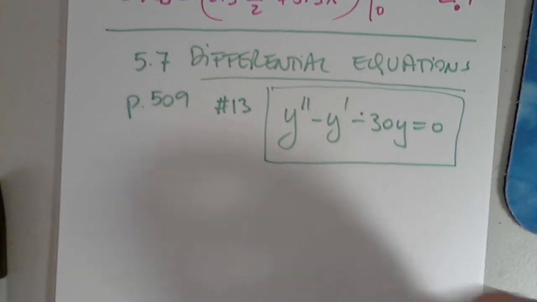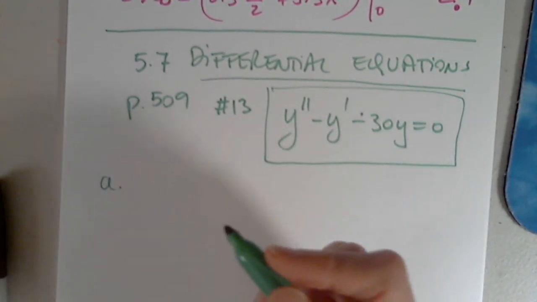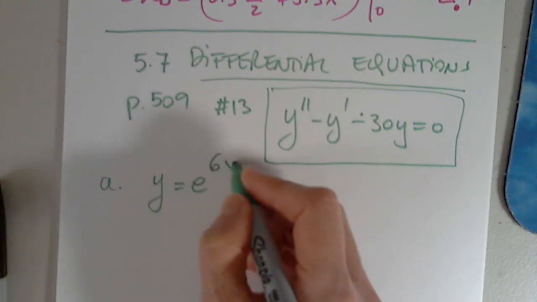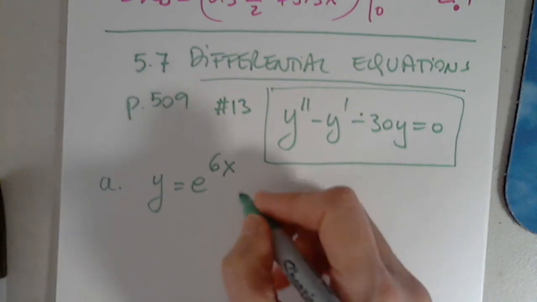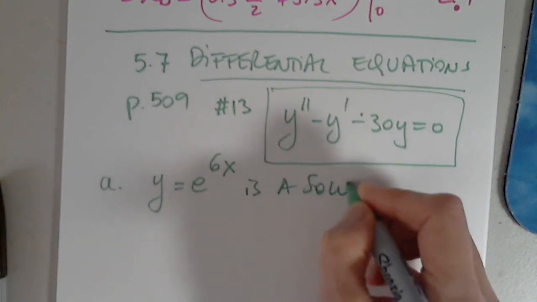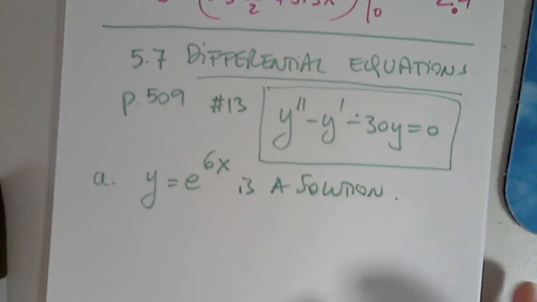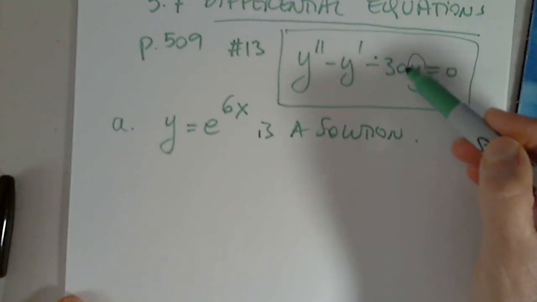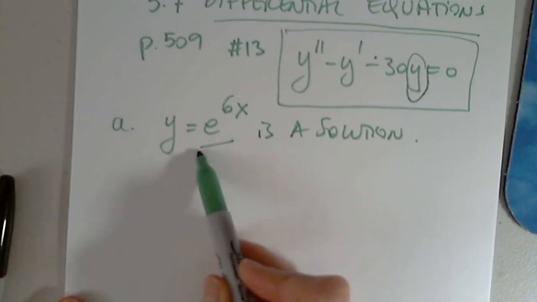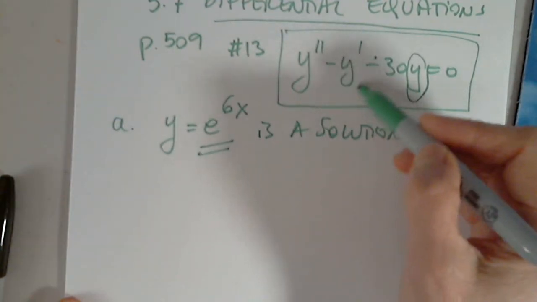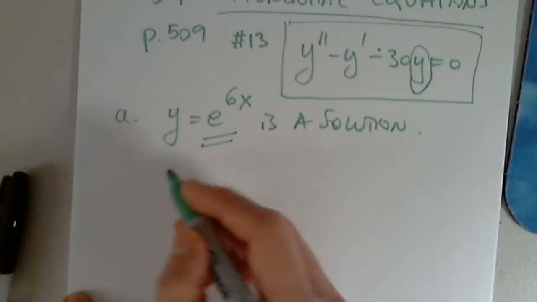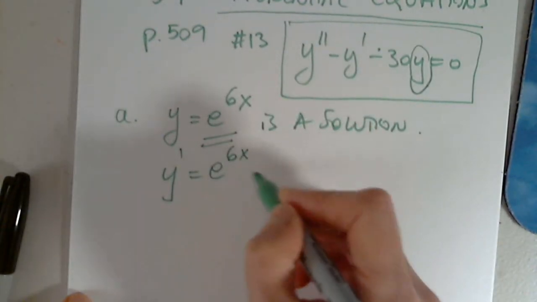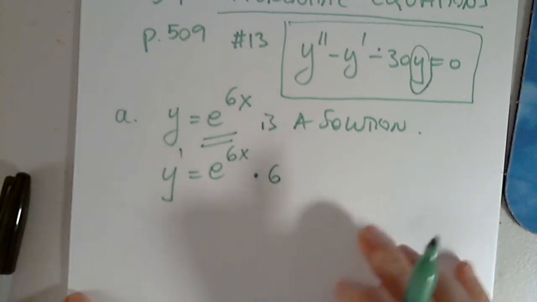We are asked in part A to show that y equals e to the 6x is a solution. No problem. I will replace y by e to the 6x. I don't know yet what to replace y double prime by, but that's not a problem. y prime is e to the function times the inner function prime.